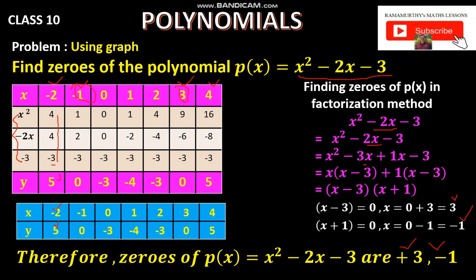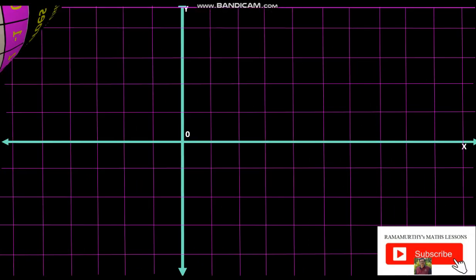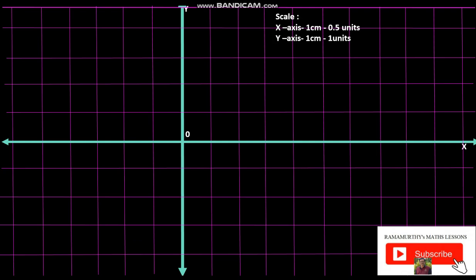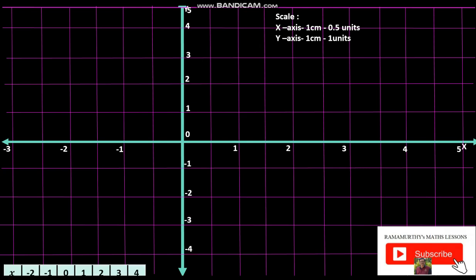By writing this tabular form, next we are going to draw this parabola on the graph. While plotting the points, we should define the scale like this, and plot numbers on the x-axis and y-axis as practiced in previous classes.